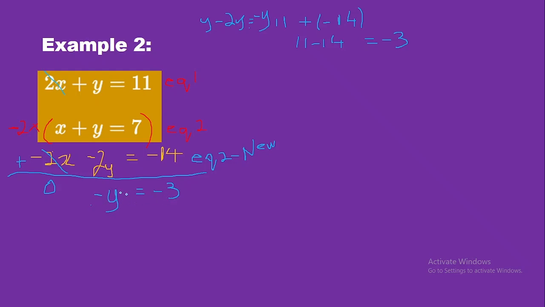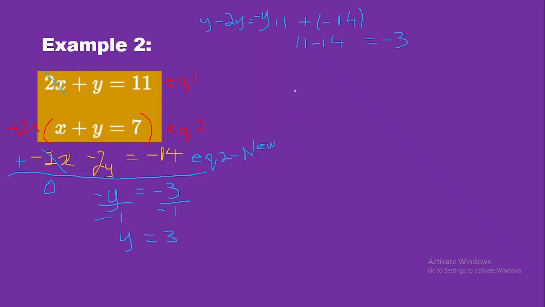Well, if we have negatives on both sides, and we want to get a positive variable or a positive letter right here, we can just divide both sides by negative 1. So if we divide both sides by negative 1, this is just our way to get rid of our negative number. So we end up with y is equal to 3.